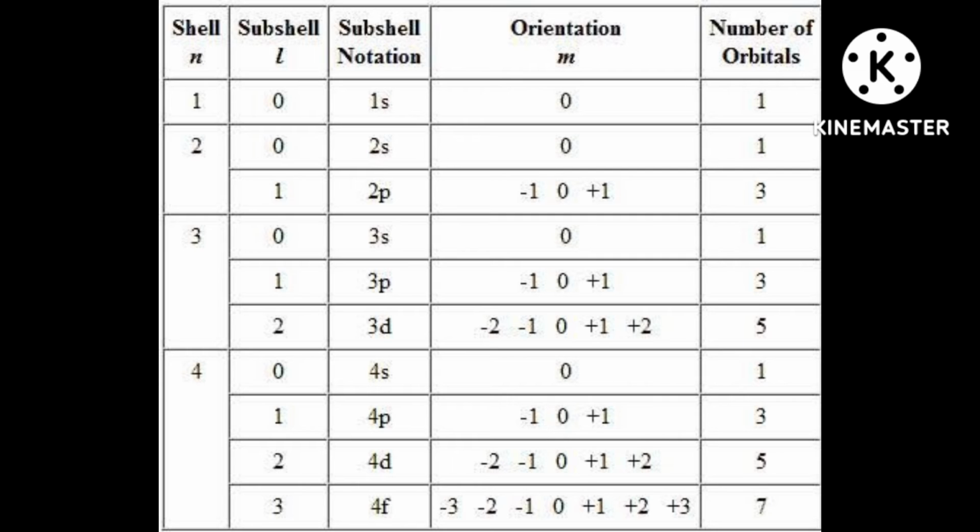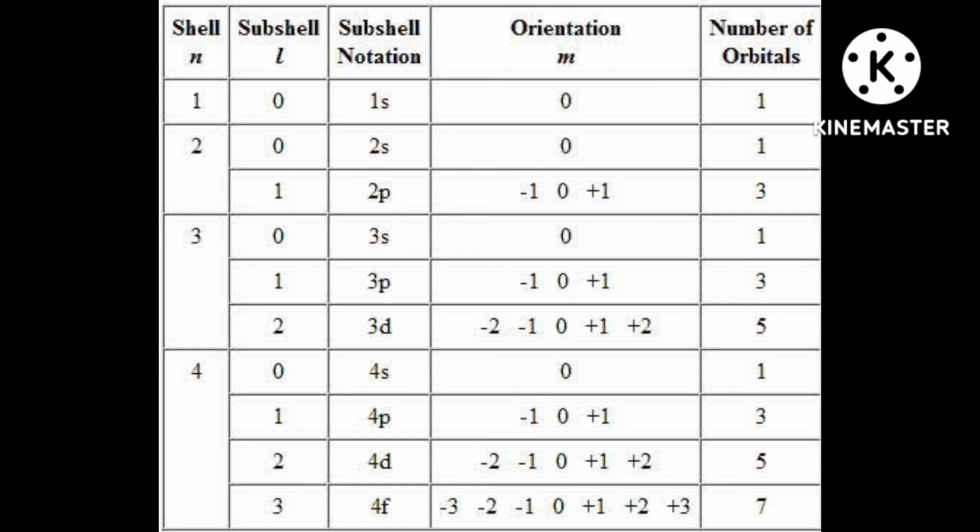First, when L was 0, 2L plus 1 gave only one value, that was the S. That S is called an orbital, under the S subshell. How many are there? Only one, that is the S.